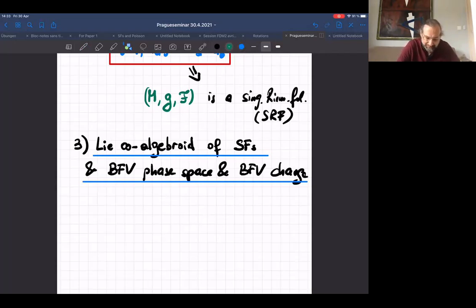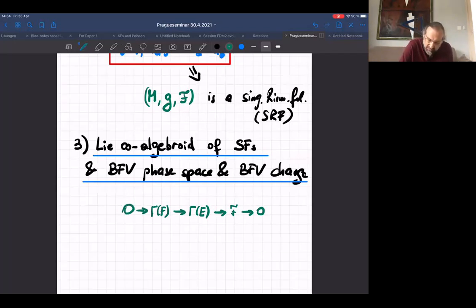And in general, given a singular foliation F, we need to assume that it has a resolution by vector bundles, like by sections in vector bundles like this. In general, this can be much longer, and you get a Lie infinity algebroid, but we will assume here that it stops at degree 2.